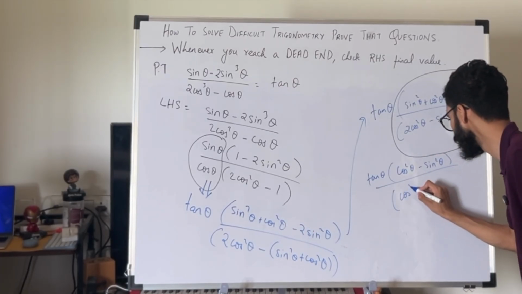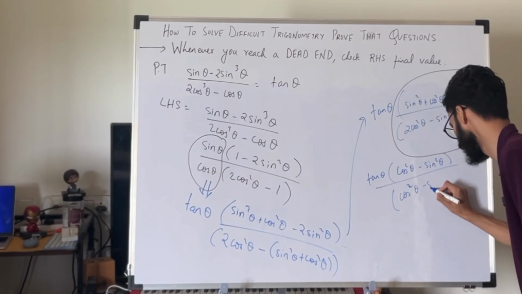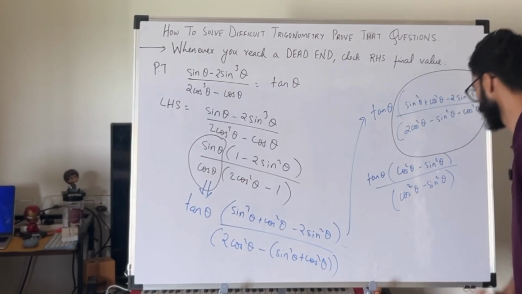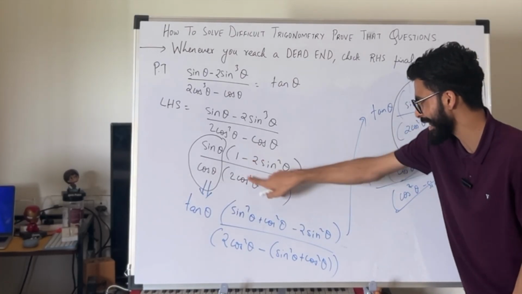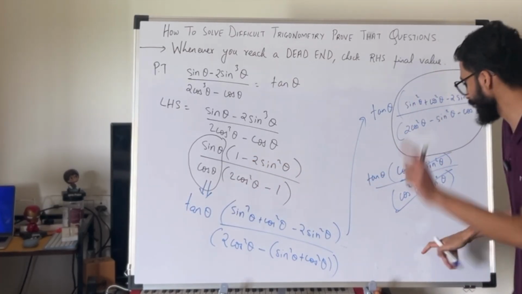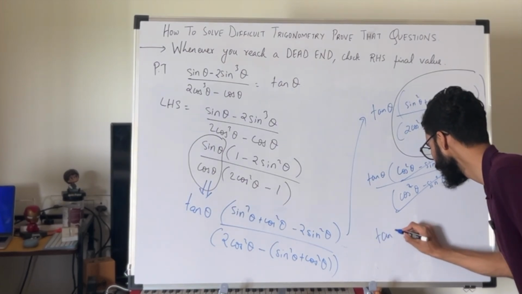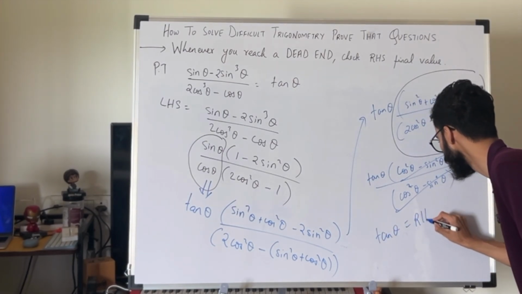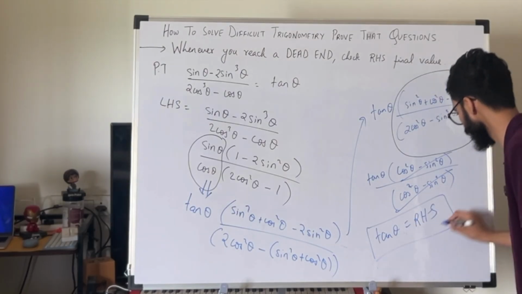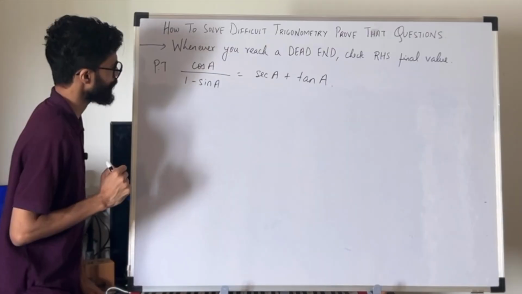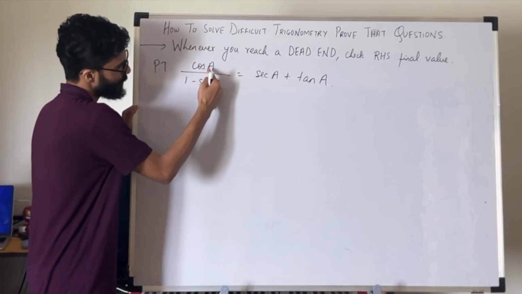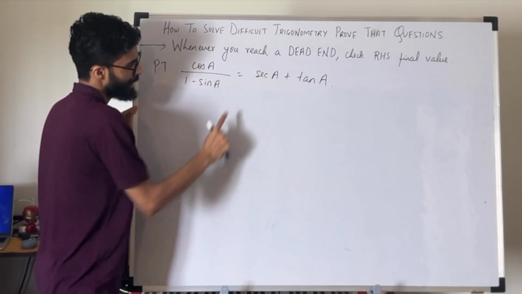So this cancels, because that was my understanding that this entire thing should result in 1. So I'm getting tan theta, which is equal to RHS. Hence proved.